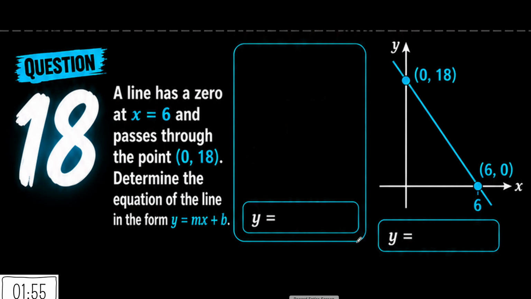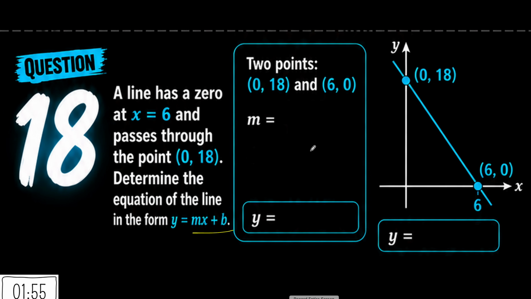So, in the next question, a line has a 0 at x equals 6 and passes through the point 0, 18. Determine the equation of the line in the form of y equals mx plus b. Okay, for us to find, let us find out the 2 points. So 0, 18 and 6, 0. Okay, so here, may given naman na point.